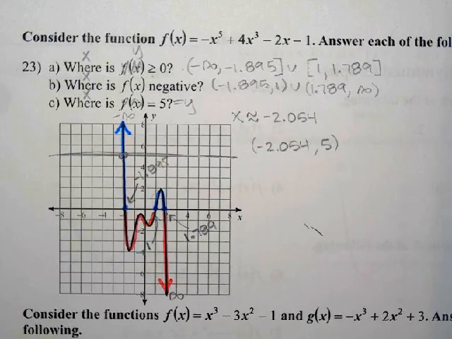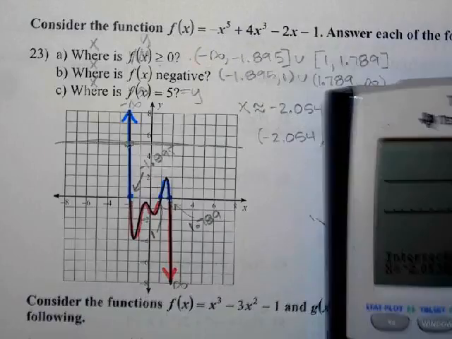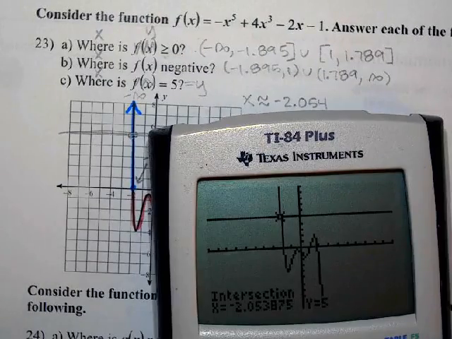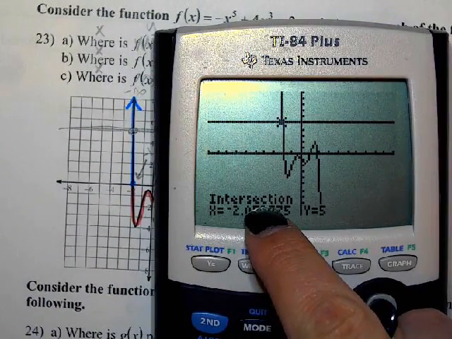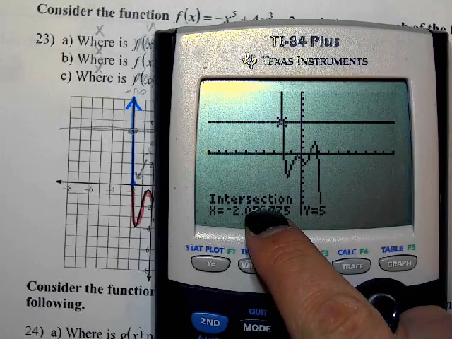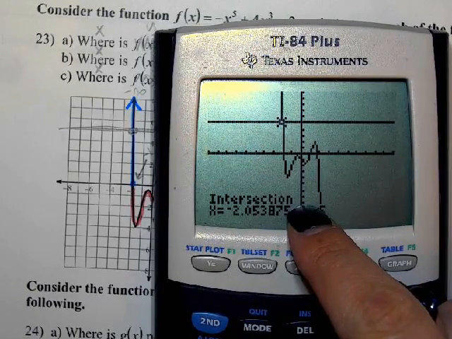All right, Court, yes? Did you have a typo in your problem? Does it say guess or does it say intersection? It should say intersection if you've done it correctly.